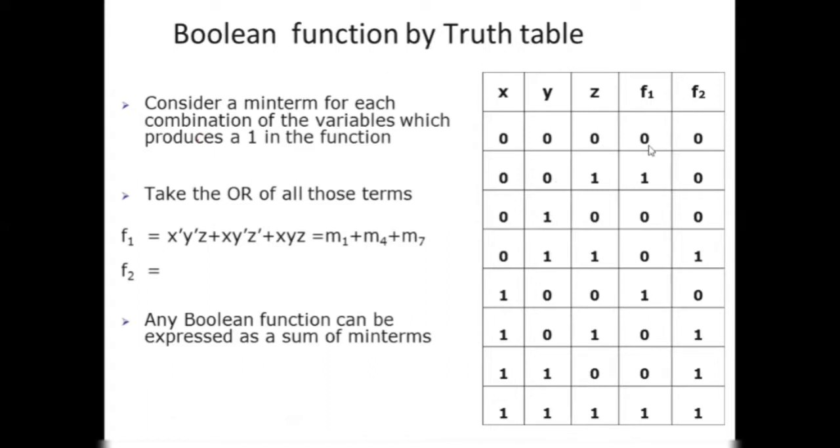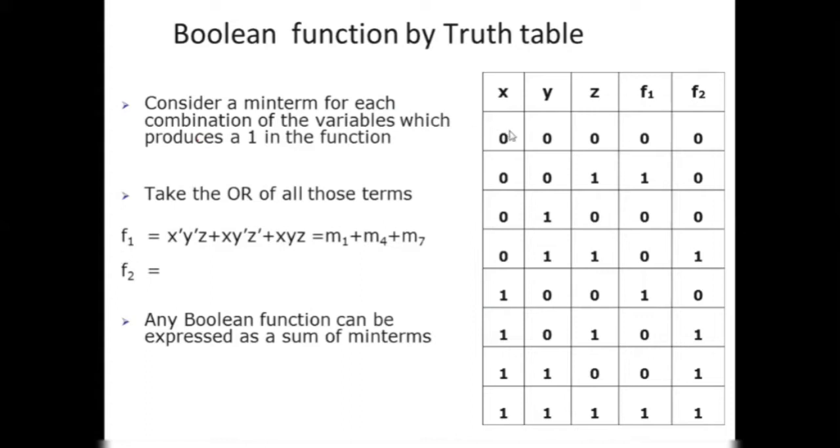You can see here we are given the function f1. When you are asked to evaluate a Boolean function by truth table, you first have to see how many variables there are. There are 3 variables, x, y, and z, and function f1.